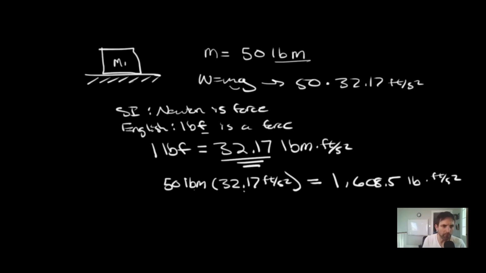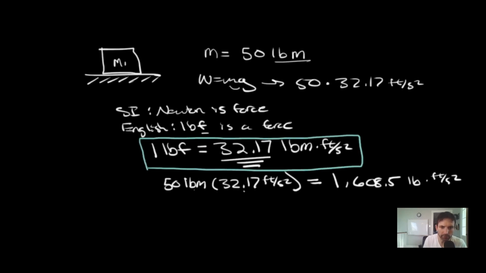Well, if you remember what we just said, a pound force equals 32.17 pound mass feet per second squared. So what that does to us is we now have to divide this, because this is pound mass times feet per second squared. Now we want to know how many pound forces that is. Well, every pound force is 32.17 pound mass feet per second squared.